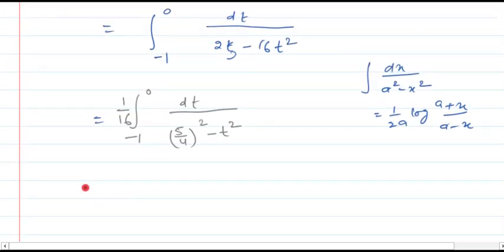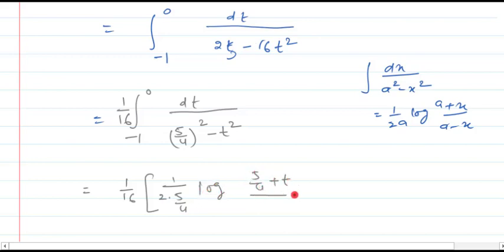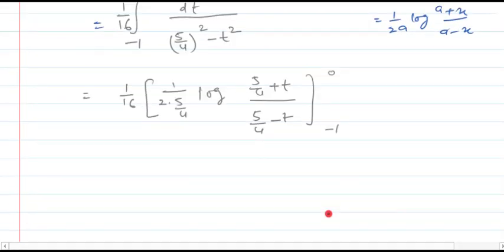So we are getting 1 upon 16 into 1 upon 2a, a is 5 upon 4, log of a plus x, that is 5 upon 4 plus t, upon a minus x, that is 5 upon 4 minus t. And the limits are minus 1 to 0. So applying the limits, 1 upon 16 into, simplifying this, we are getting 2 upon 5 log of upper limit minus lower limit.